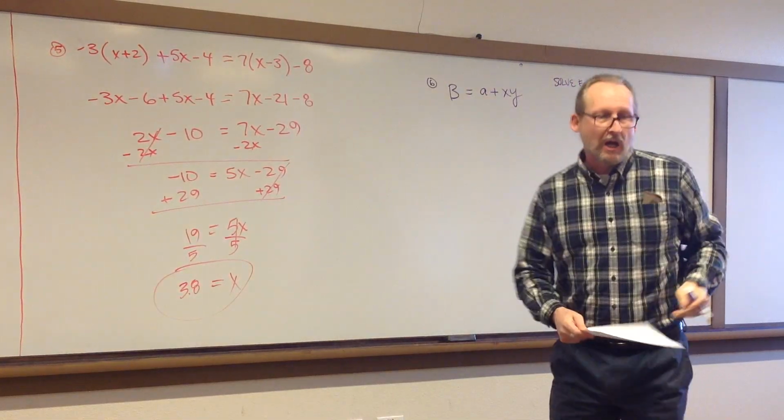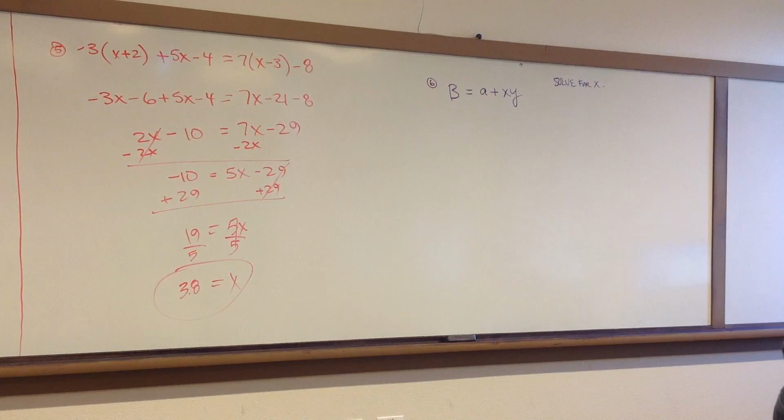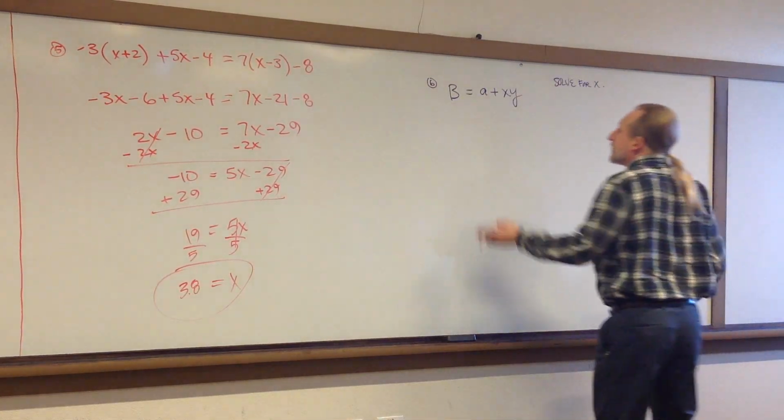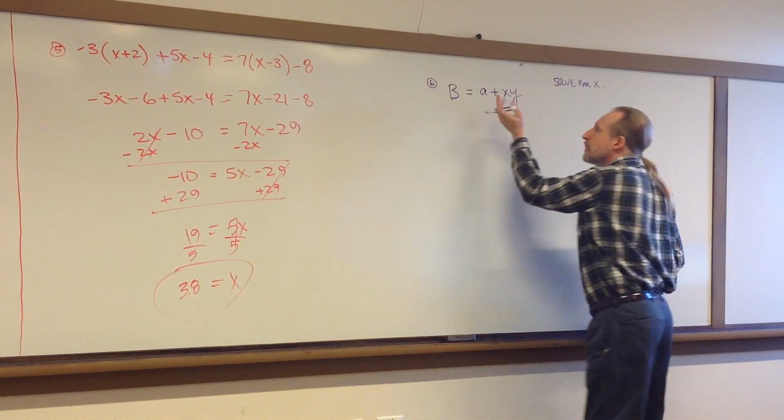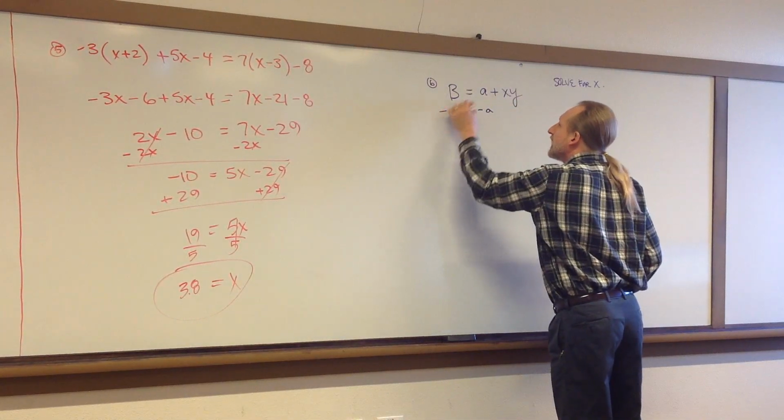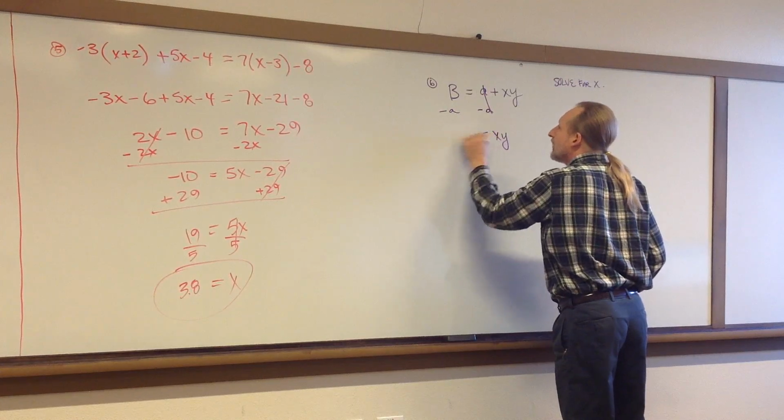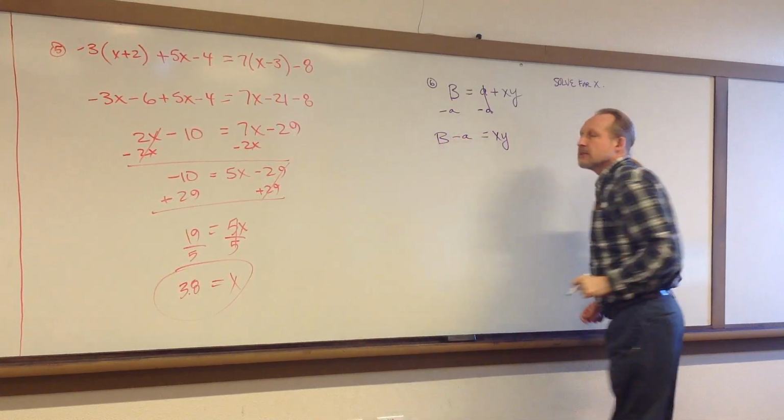Okay. So, just like an equation that has numbers in it, first we got to get the piece with the x in it by itself. So I'm going to subtract a on both sides. So now xy is b minus a.